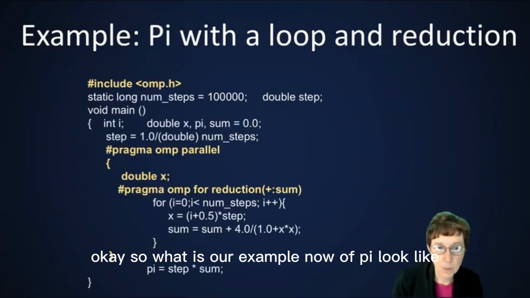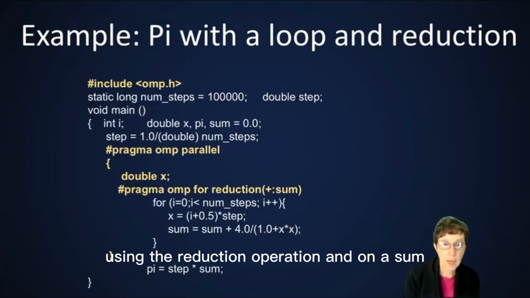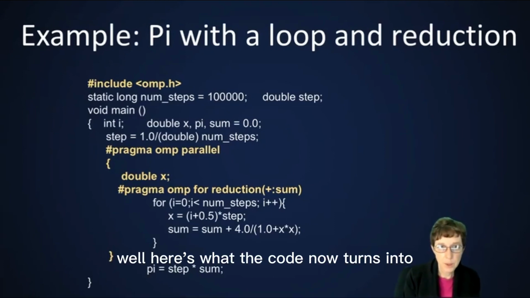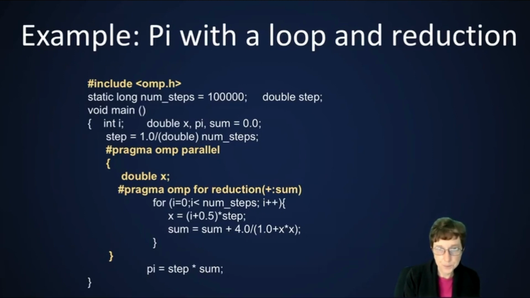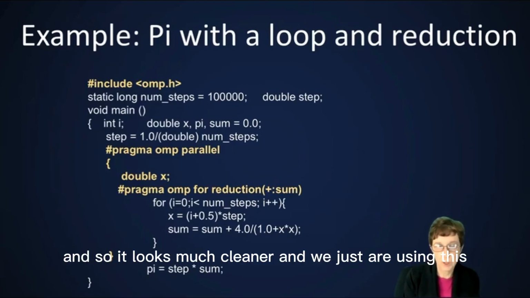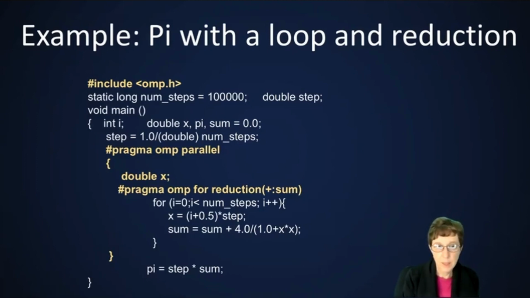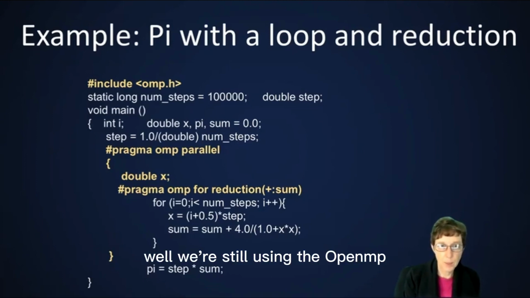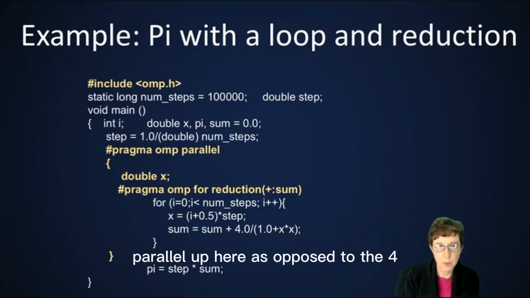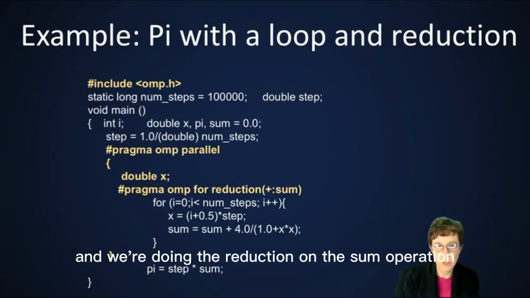Okay, so what does our pi example look like using the reduction operation on a sum? Here's what the code turns into. It looks much cleaner. We're still using the OpenMP parallel for up here, but we've just got this single loop and we're doing the reduction on the sum.